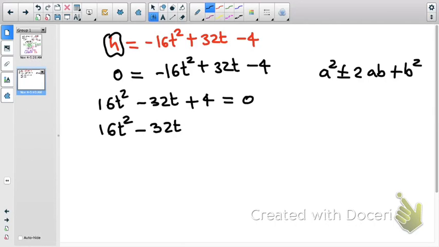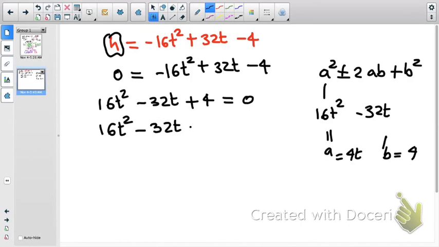So if this is a square, and that's negative 32t, then we know that a is 4t and b should be, since a is 4t, b should be 4, and you can calculate that by yourself.